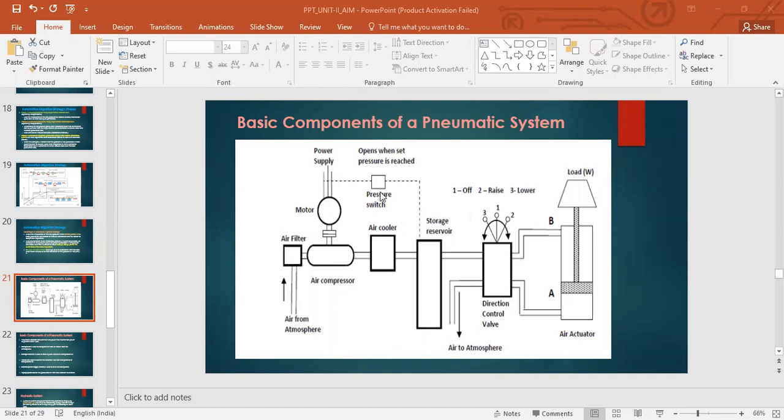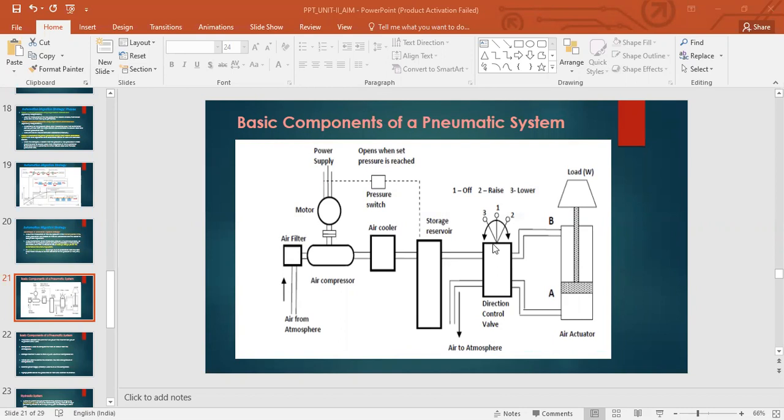So this switch will provide a communication. Then you will have some cutoff or threshold pressure, right? So that serves as a communication. And this compressed air from the storage reservoir will now be sent to this valve.